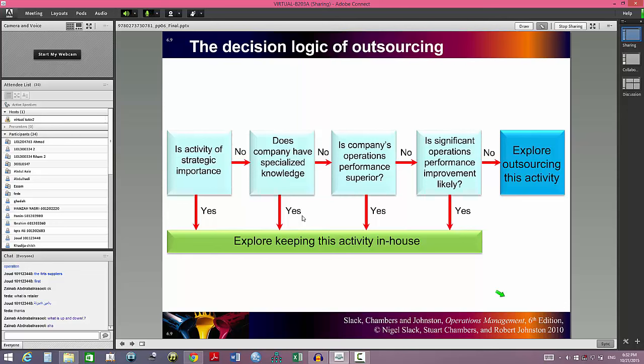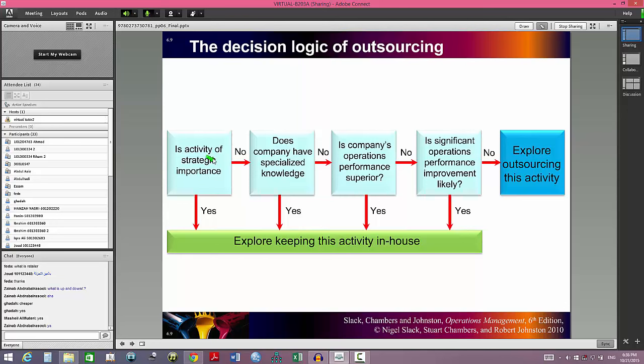How can you decide which is better, to make the operation in-house? Here, if you can see, whether it's better to make your operation in-house or outsource it to another company. Which is better? We need to answer those 4 questions in order to decide whether we go for outsourcing or we do it in-house. The first question is related to the strategic importance of the activity.